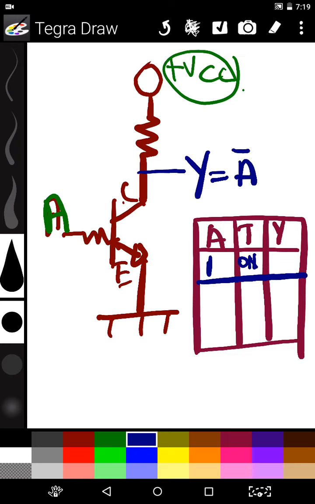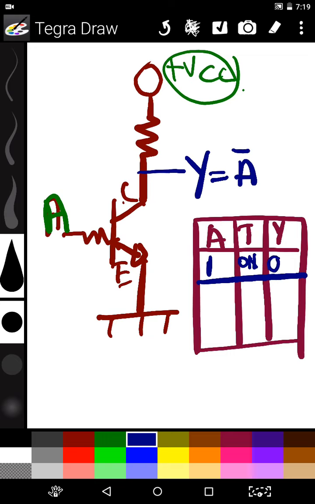There will be a low voltage drop across collector and emitter. That means there will be a short circuit path between the collector and emitter terminal to the ground. As the emitter terminal is connected to ground, the voltage output at the collector terminal will be short circuited to ground, that means the output is 0. There will be no output voltage.